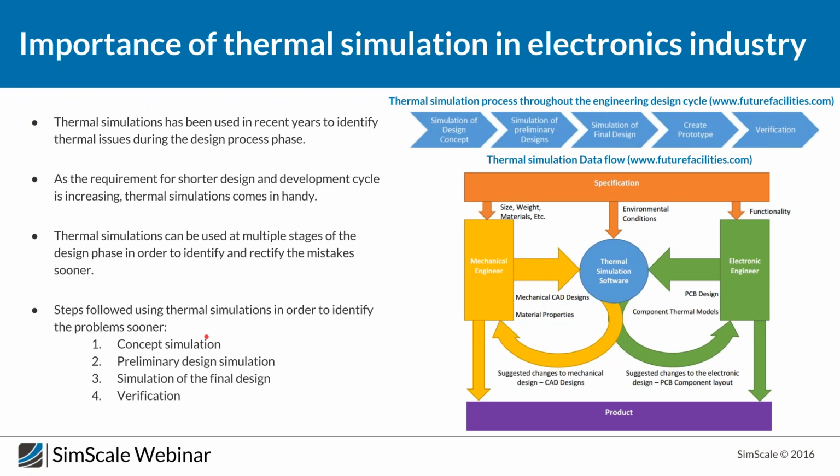You test it for some specific values, for example, for specific volume heat flux, for temperature change, or for specific convection. And the main focus normally here is that you first check it with natural convection. So you don't allow forced convection, for example, with a fan. If you're testing a PCB, you are not allowing it to cool down with the help of a fan or some forced convection.